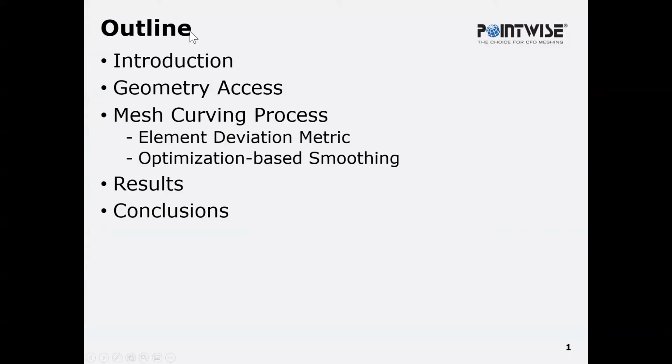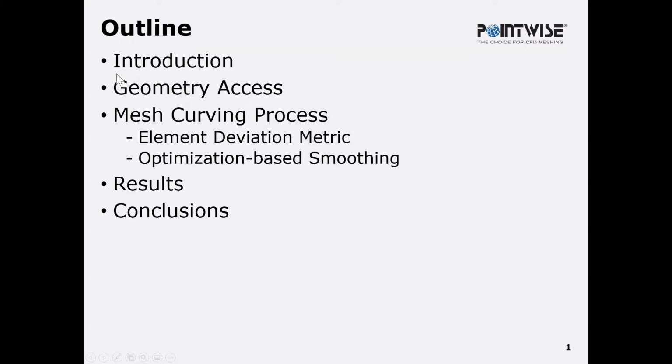So the outline of the presentation: a quick introduction. An important element of high order meshing is to ensure that the curvature of the surface elements adhere to the geometry.